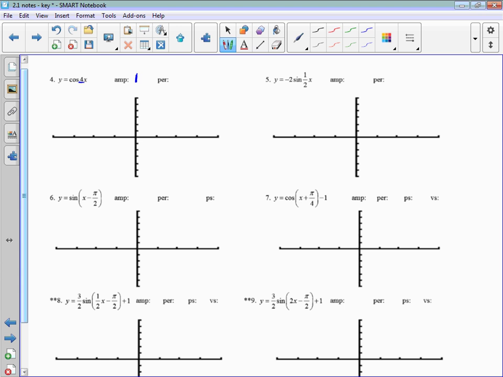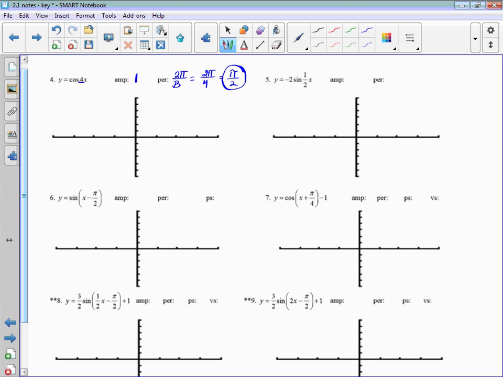The b value, remember, changes the period. Okay, so to find the period, we do 2 pi divided by b. So for us, that's going to be 2 pi divided by 4, which ends up being pi over 2. Because the period changed, we're going to change how you label your x-axis.